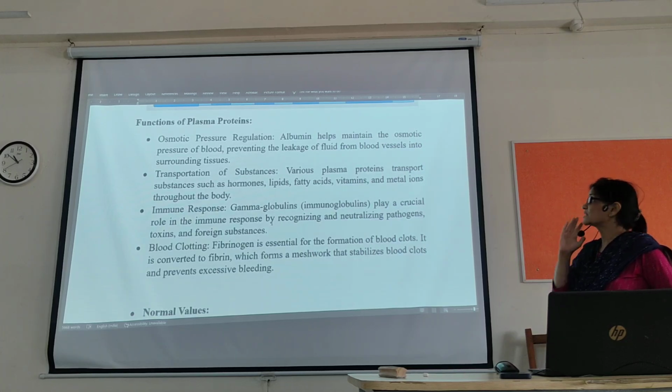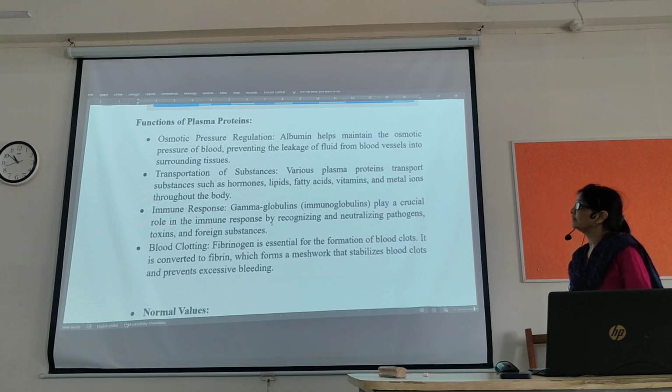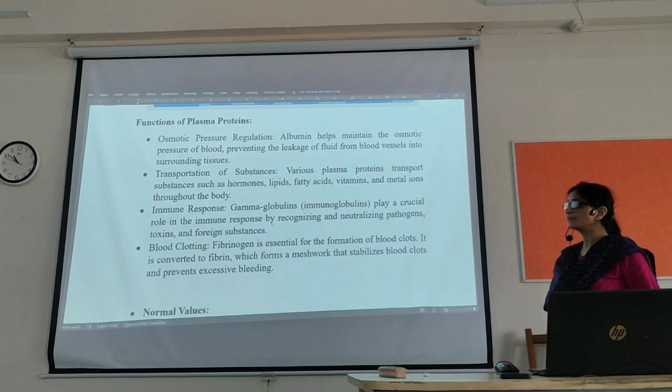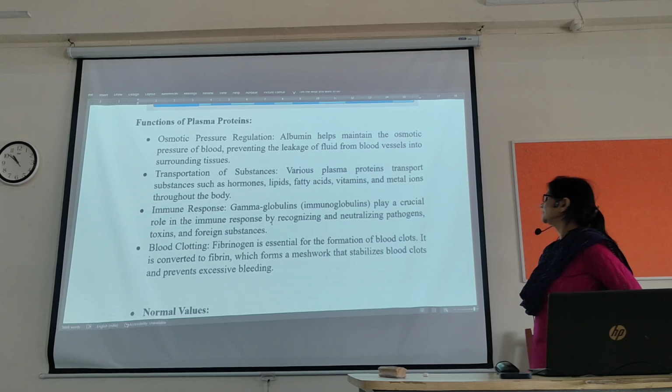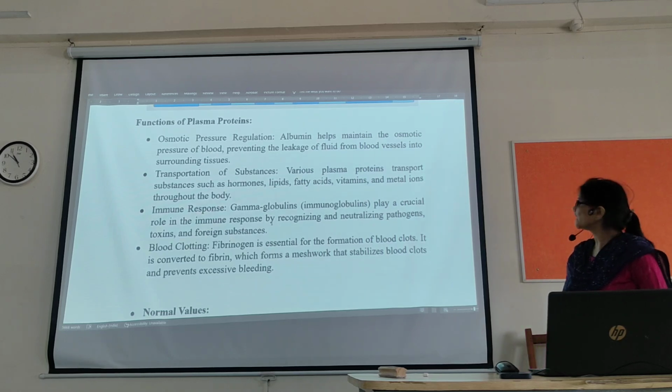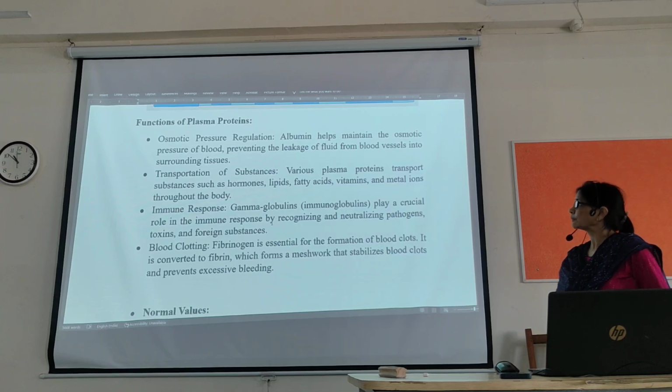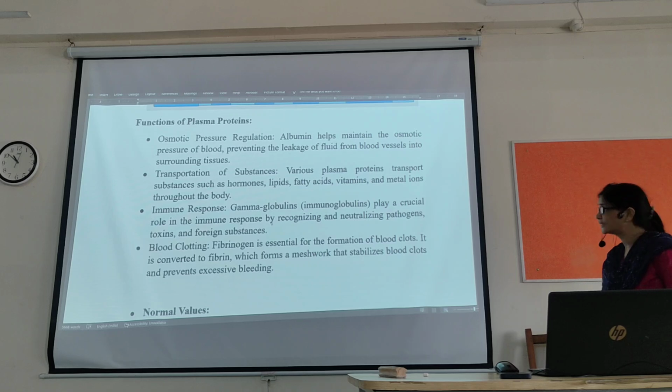Then it produces the immune responses, as this plasma protein contains the gamma globulins there. Okay? Immunoglobulins produce the immune response. So it plays an important role in the immune system by recognizing and neutralizing the pathogens, toxins and foreign substances. And the last function is blood clotting, as fibrinogen is also present in that.